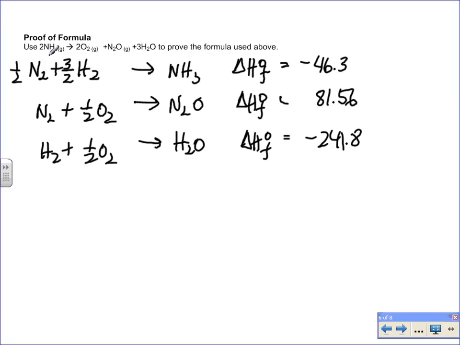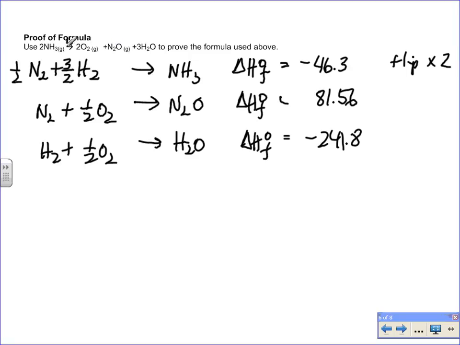Let's make the decisions here. We want, in our goal reaction, to have 2NH3 as a reactant. So we would need to take this reaction and we would need to flip it and we would need to multiply by 2. The second reaction doesn't need to change because in our goal reaction here we've got 1 N2O.